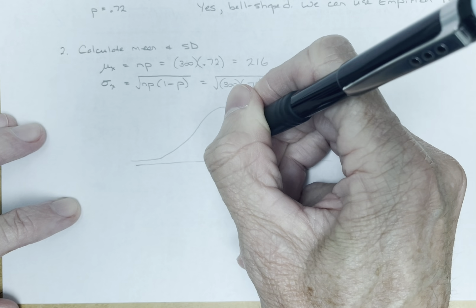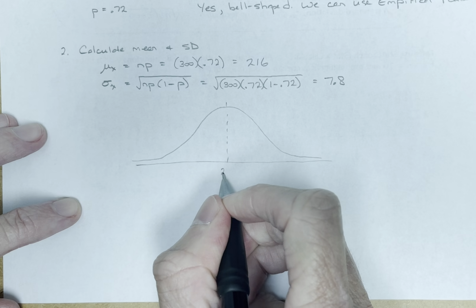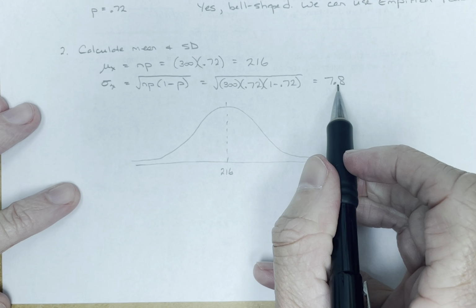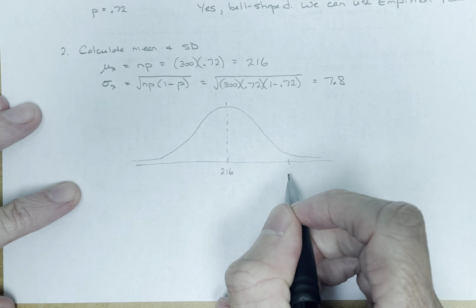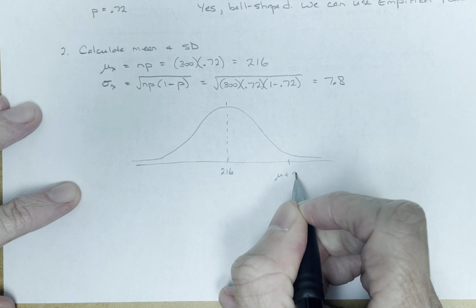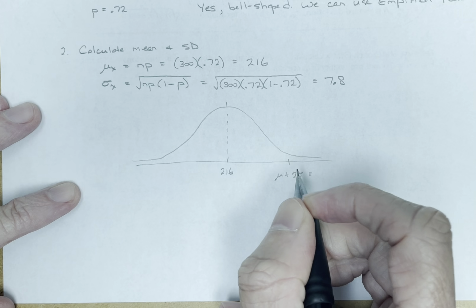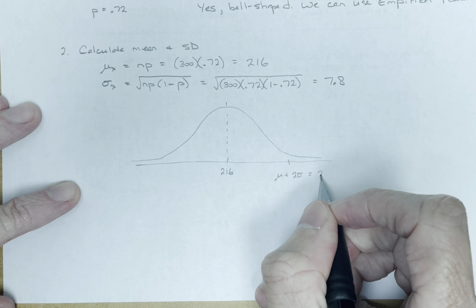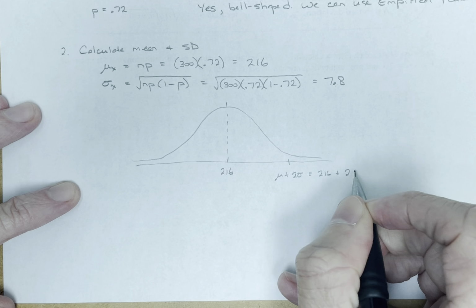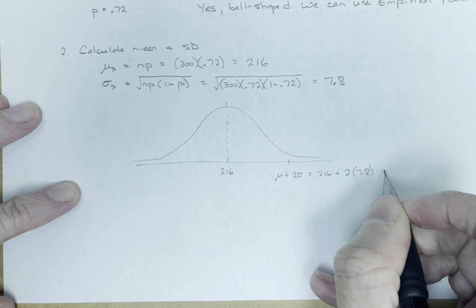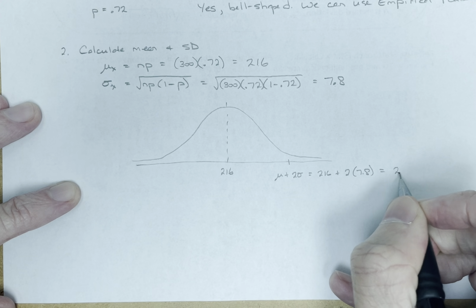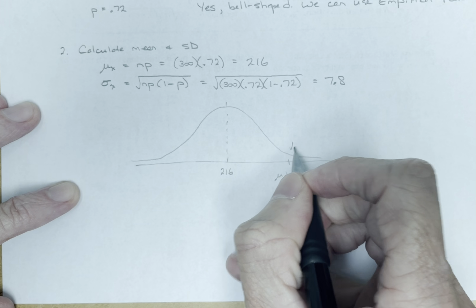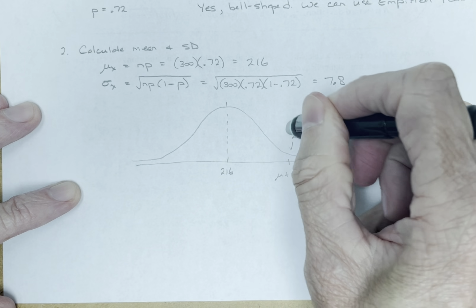We know the mean is 216, and if we go up 2 standard deviations, the mean plus 2 standard deviations is equal to 216 plus 2 times 7.8, which is equal to 231.6.